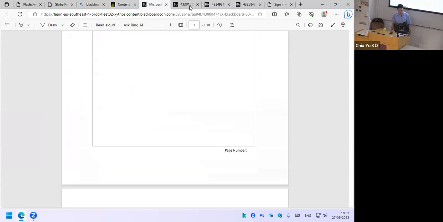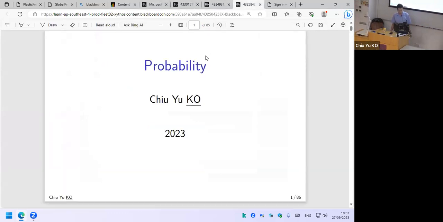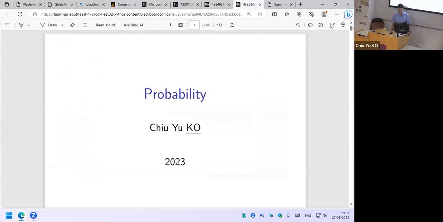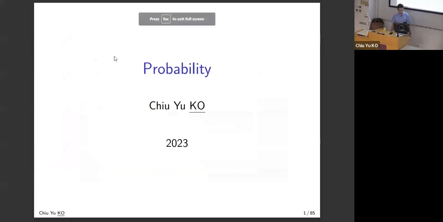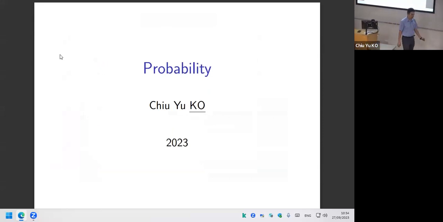So what we're going to do today is finish this chapter on probability. In particular, we will go into very great detail on Bayes theorem, which is essentially one of the most important parts of the course.